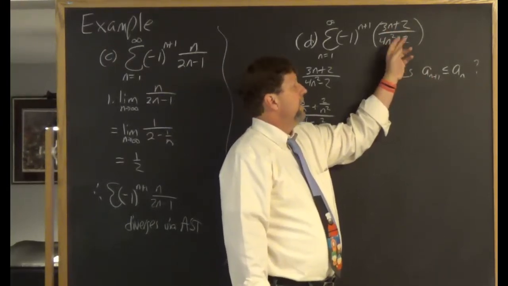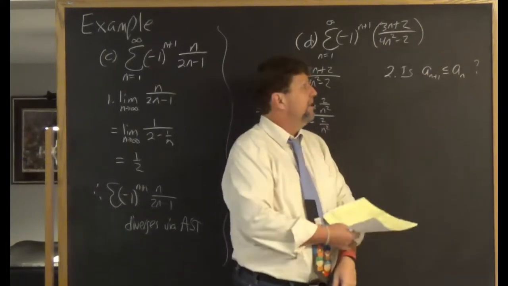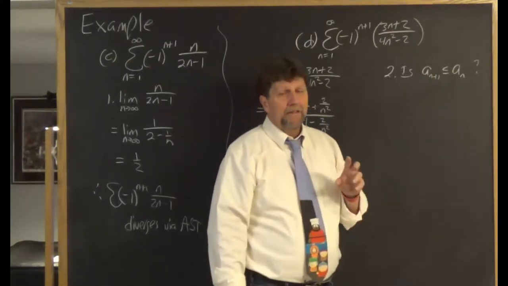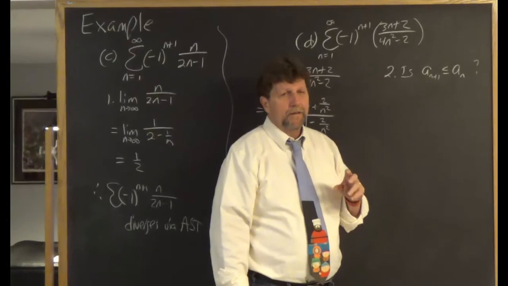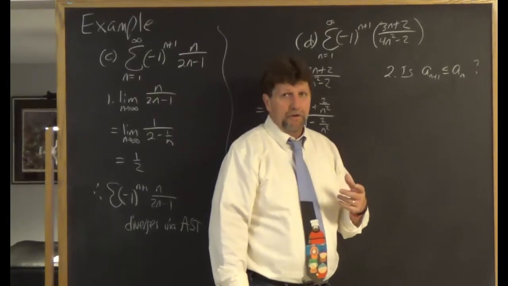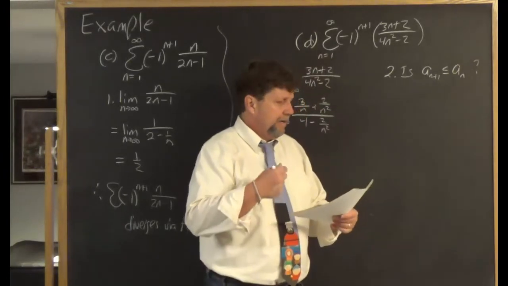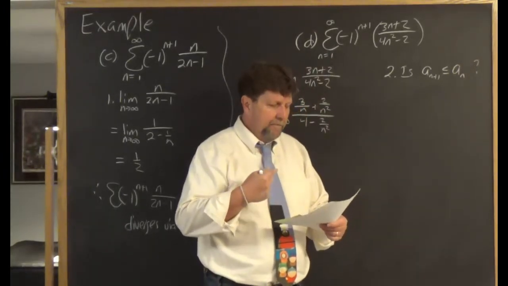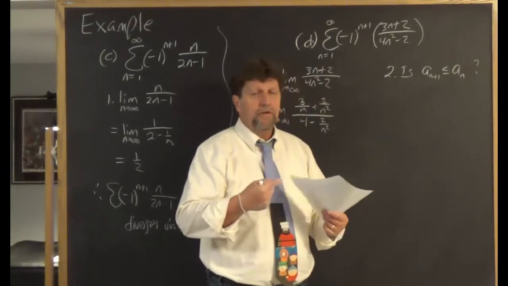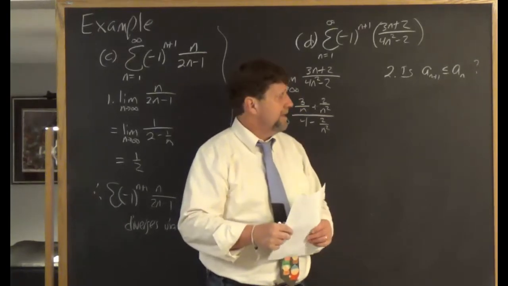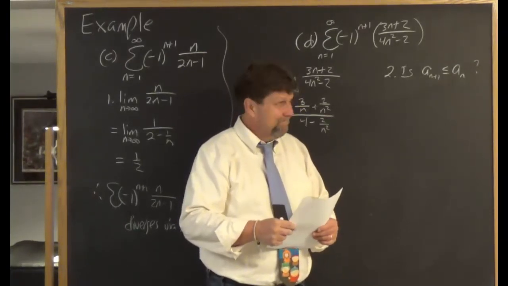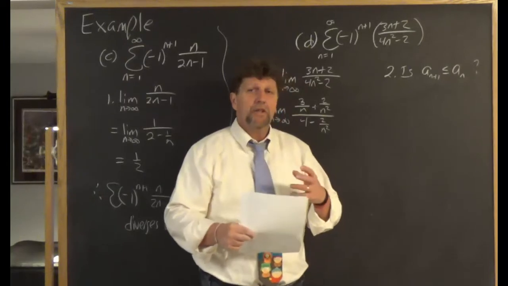Is that less than or equal to a sub n? That looks like it's going to be some ugly, messy algebra. It doesn't look nearly as friendly as the one we did in part A or part B, the alternating harmonic series. So I just think it looks a little too ugly.